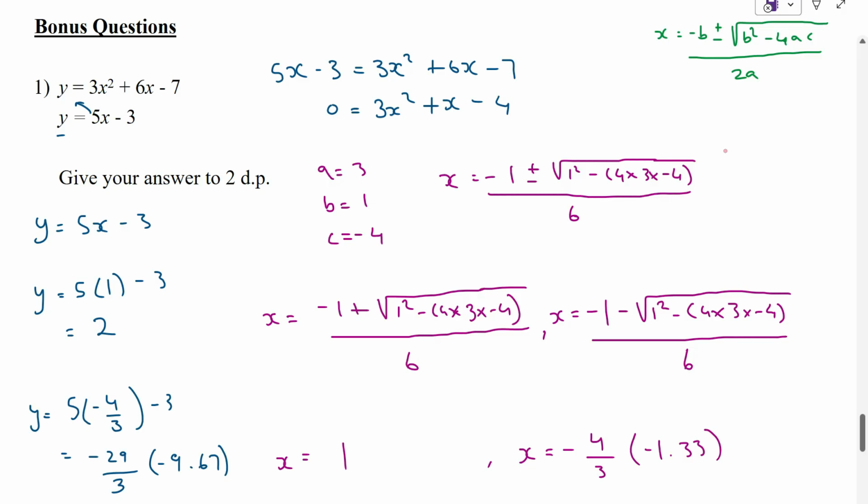Okay, so I'm just going to write the final answers here, just on the side. So when x is 1, y is 2, and when x is minus 1.33, y is minus 9.67.